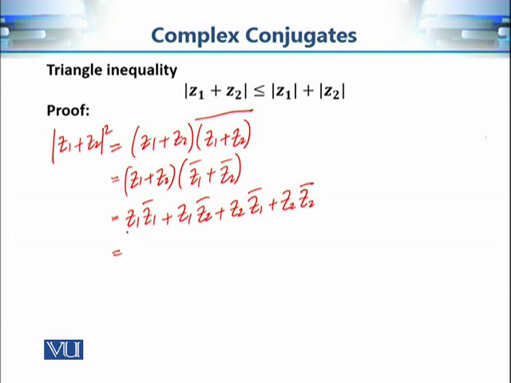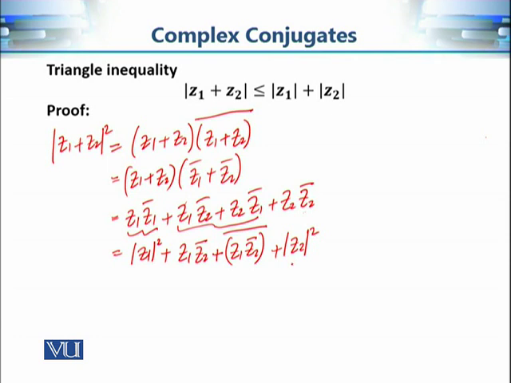So this is equal to z1 modulus square plus, now to simplify this expression, notice that if I write down this complex number as z1 z2 conjugate, then this complex number can be written in the following form: the conjugate of z1 z2 conjugate, plus the square of the modulus of z2.